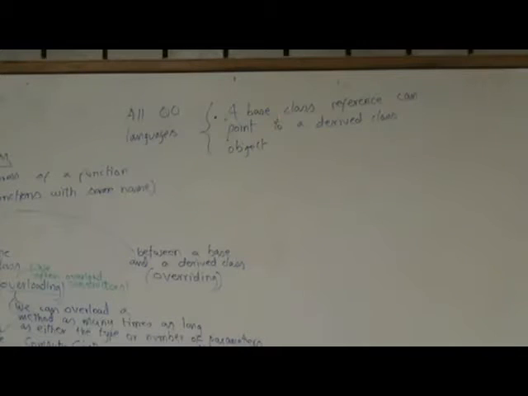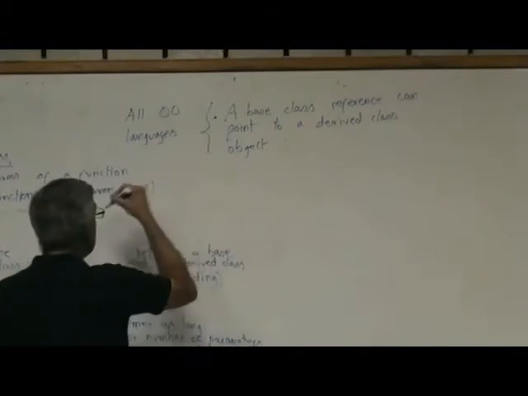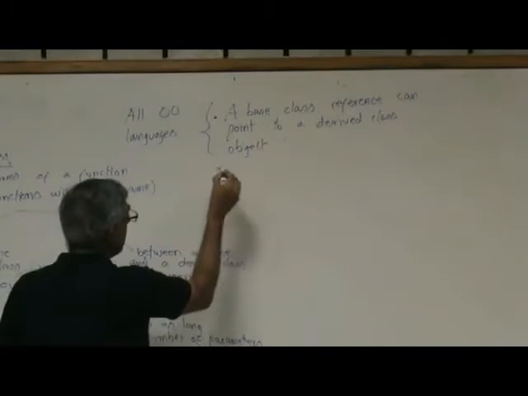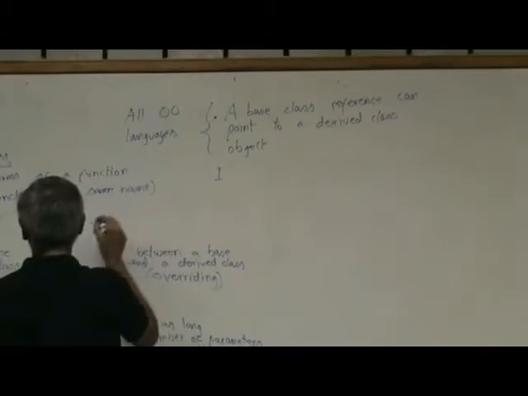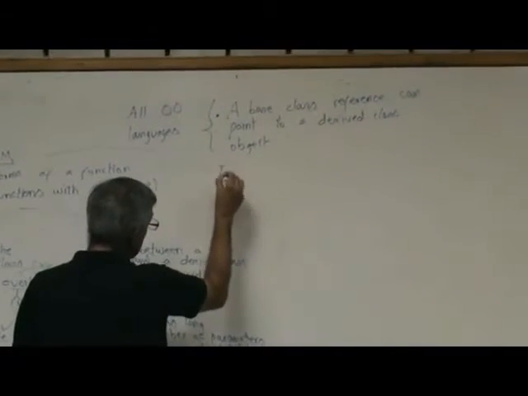Now coming to polymorphism, what it means over here is, first let me describe it in plain English, then I'll give you examples. So in plain English, the polymorphism over here occurs like this.